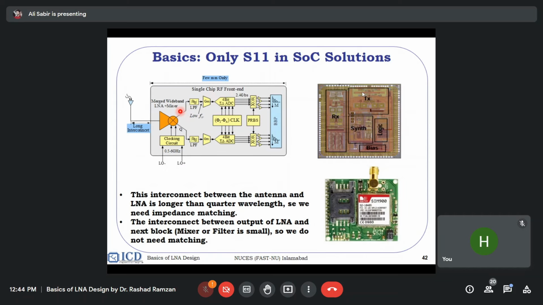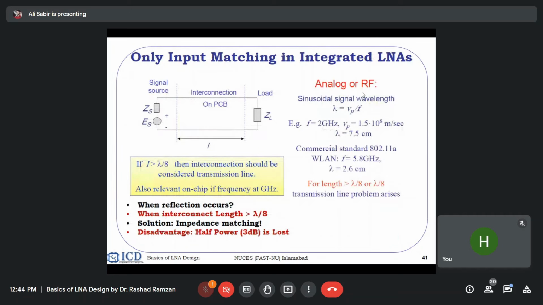The last one is the matching. We need to do the matching so that signals are not reflected. If the interconnect length is comparable to the wavelength lambda being transmitted, say lambda by 10, the reflection will not occur.